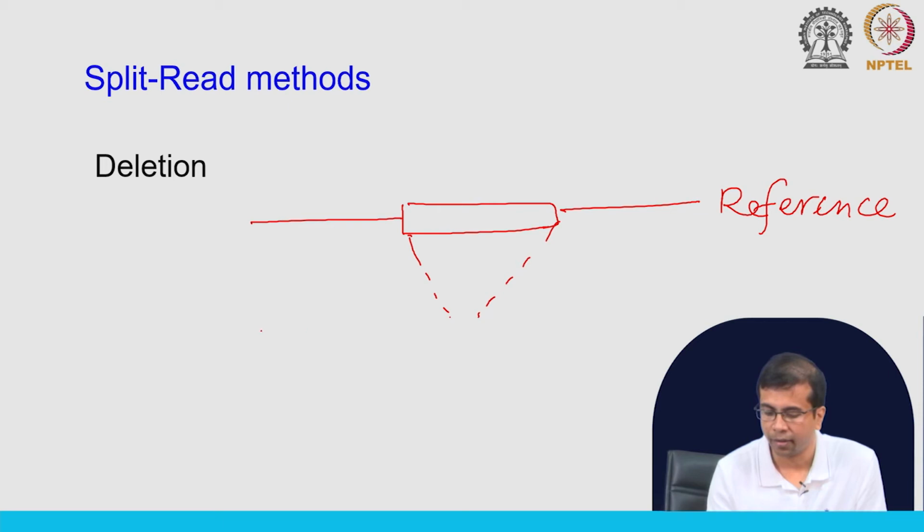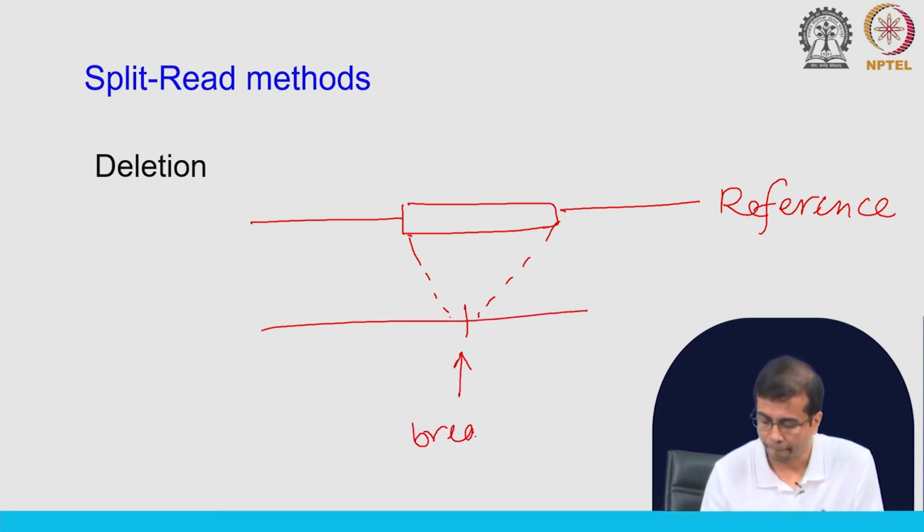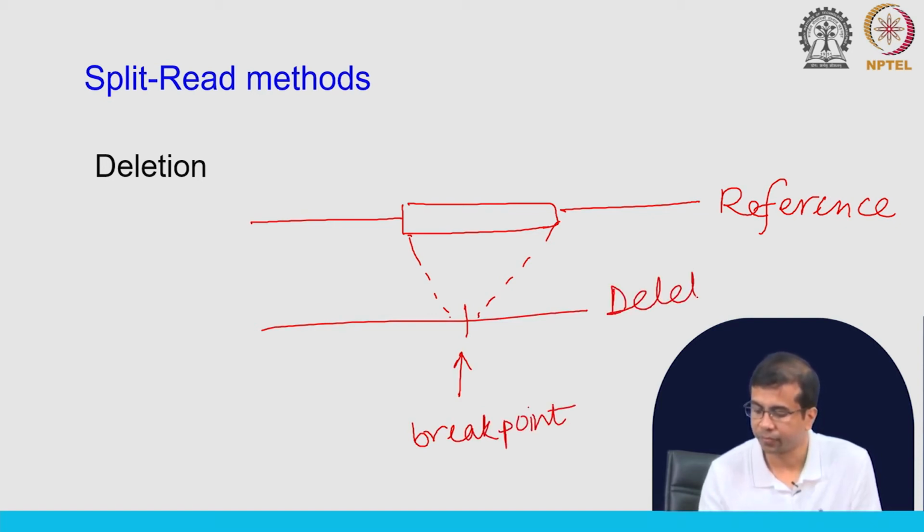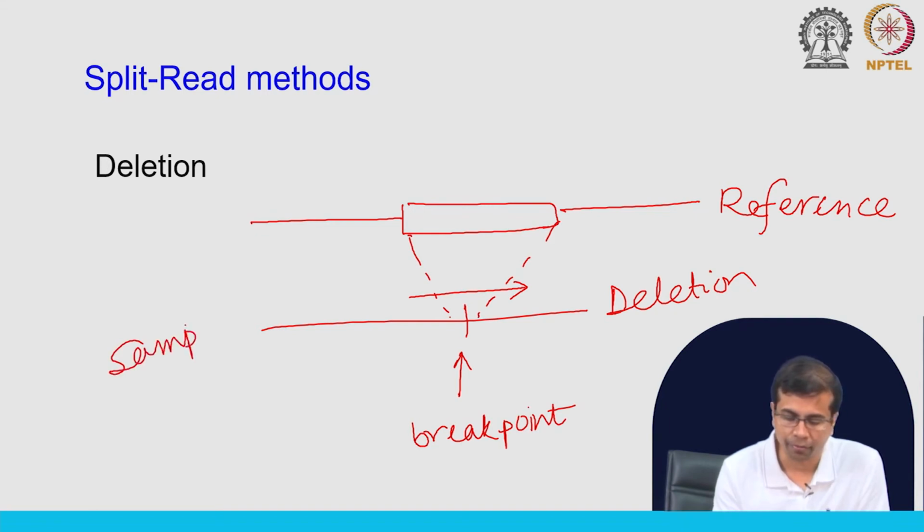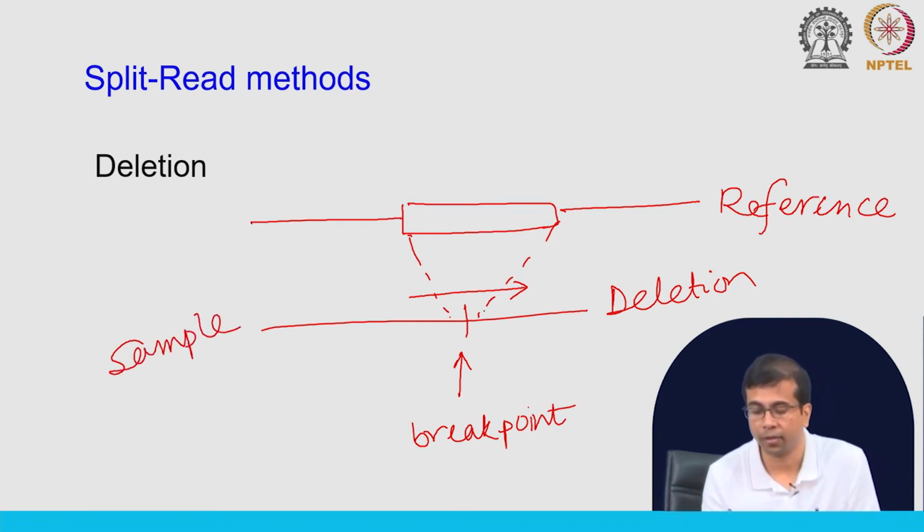This is the SV breakpoint. And in this sample, when you are sequencing it and getting some reads and try to map them against the reference, you will see that part of the reads will map at two different locations.